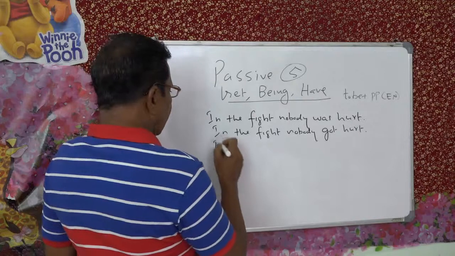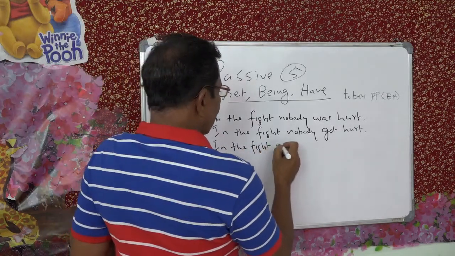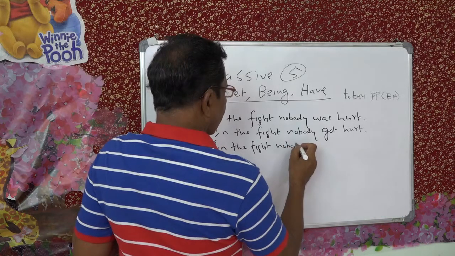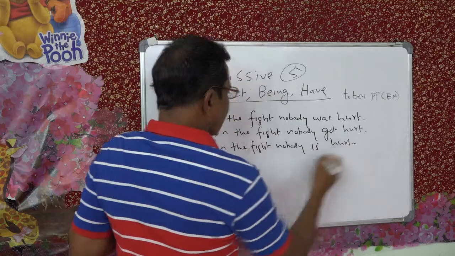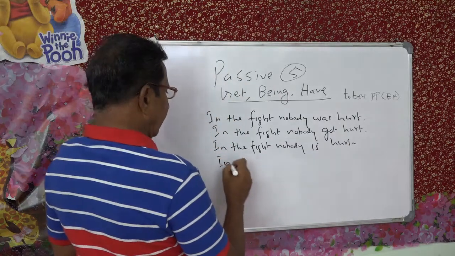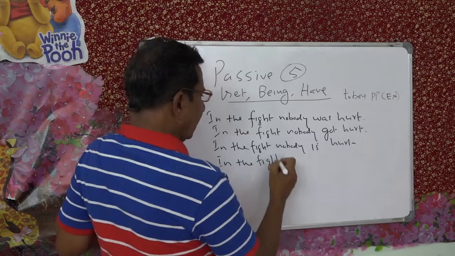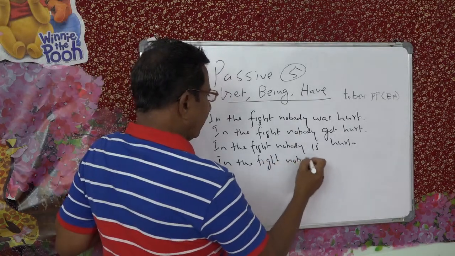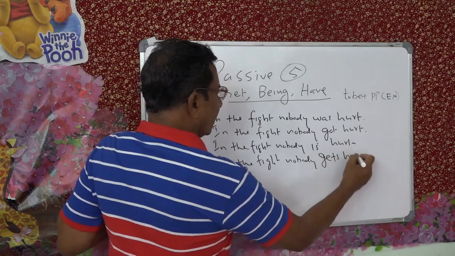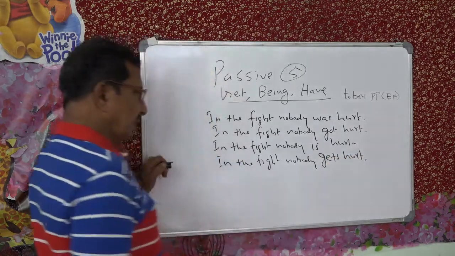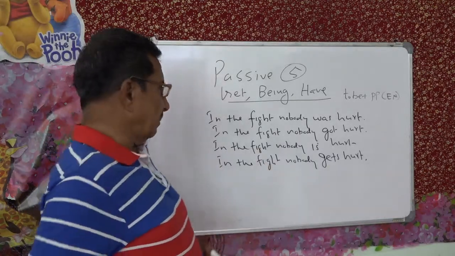In the fight nobody is hurt. Then there will be: in the fight nobody gets hurt. And you say gets hurt or got hurt, present tense or past tense. Understand? So this is equal to that.